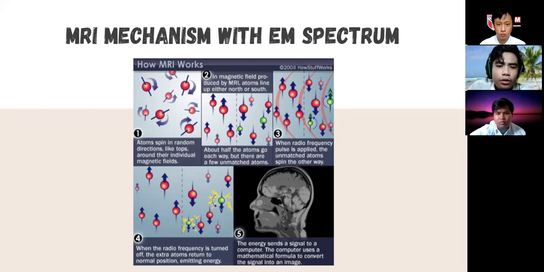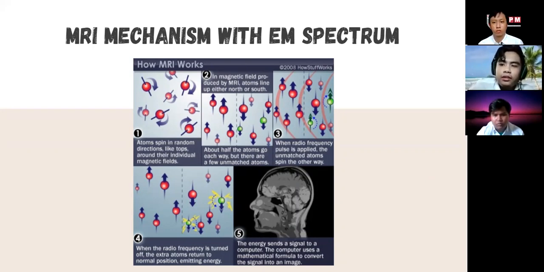After they are all aligned, the radio frequency transmitter will emit a radio frequency excitation pulse that will be applied to the aligned protons. The aligned protons become excited by the radio frequency pulse and flip a bit.